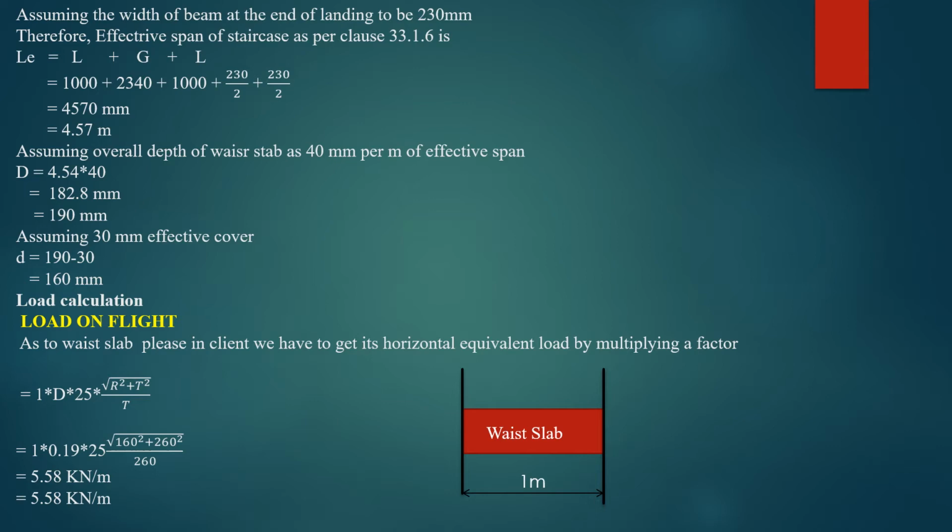So 4.57 into 40 gives about 182.8 mm, which we round off as 190 mm. Let us take 30 mm of effective cover. So after taking 30 mm of effective cover, we get the effective depth as overall depth minus effective cover, 190 minus 30 gives us about 160 mm.